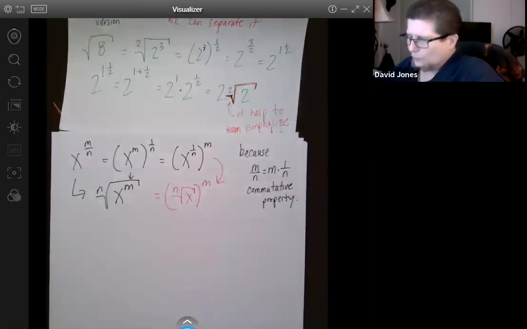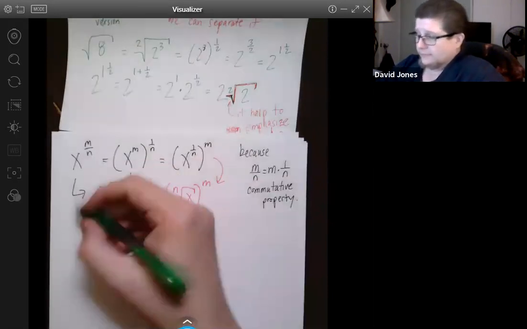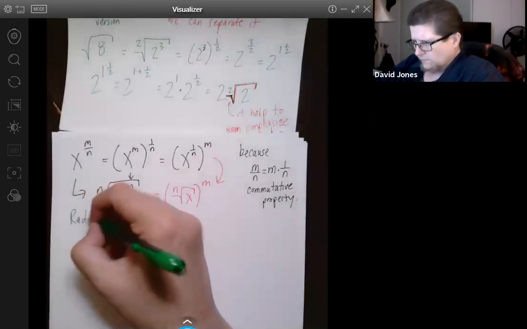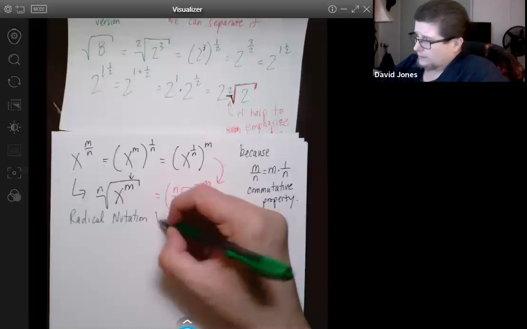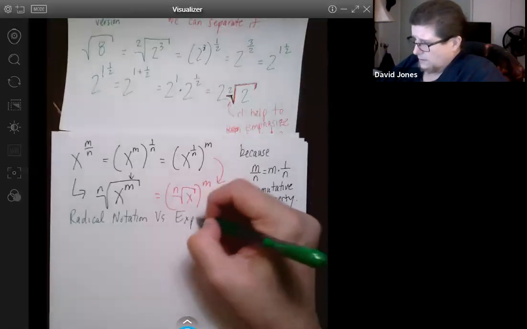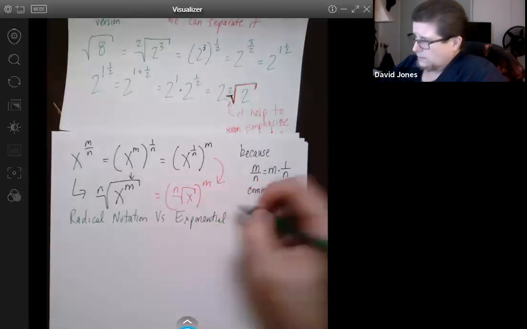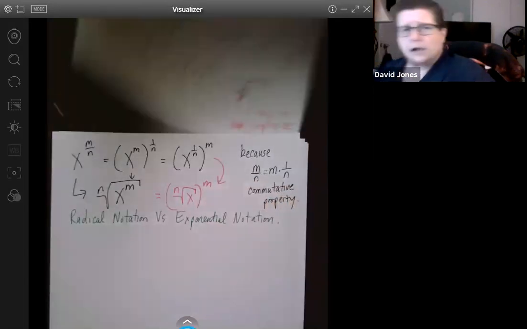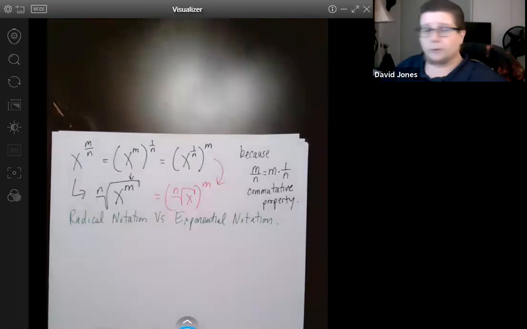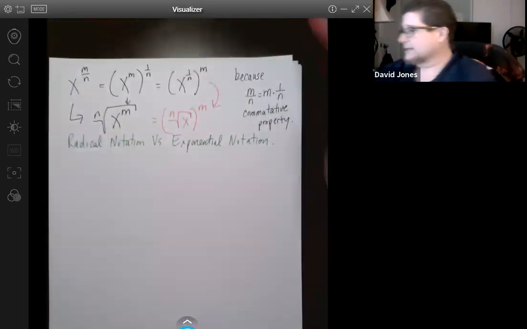This is radical notation versus exponential notation. Hopefully you're comfortable with both by the time you're done with this class.